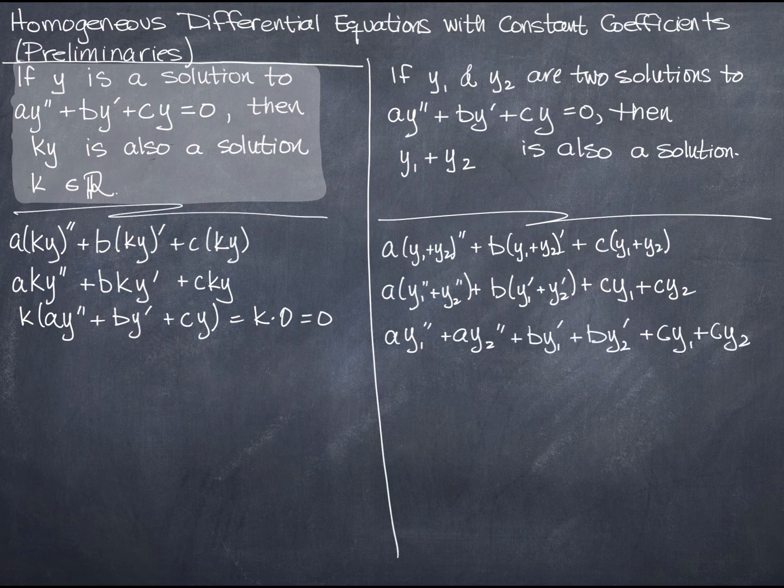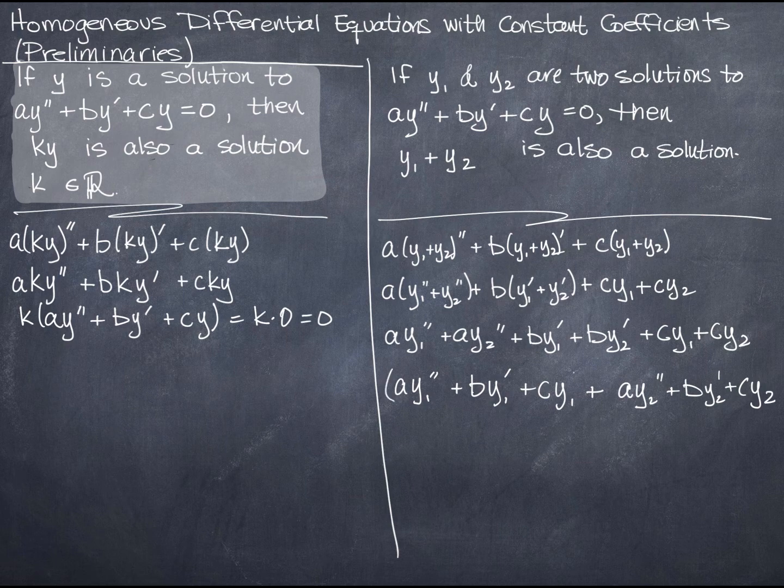Okay, now let's pull together all the stuff that has y1 in it. So I have a y1 double prime plus b y1 prime plus c y1. And then we'll add to that the terms that have y2 in them. So we have a y2 double prime plus b y2 prime plus c y2.